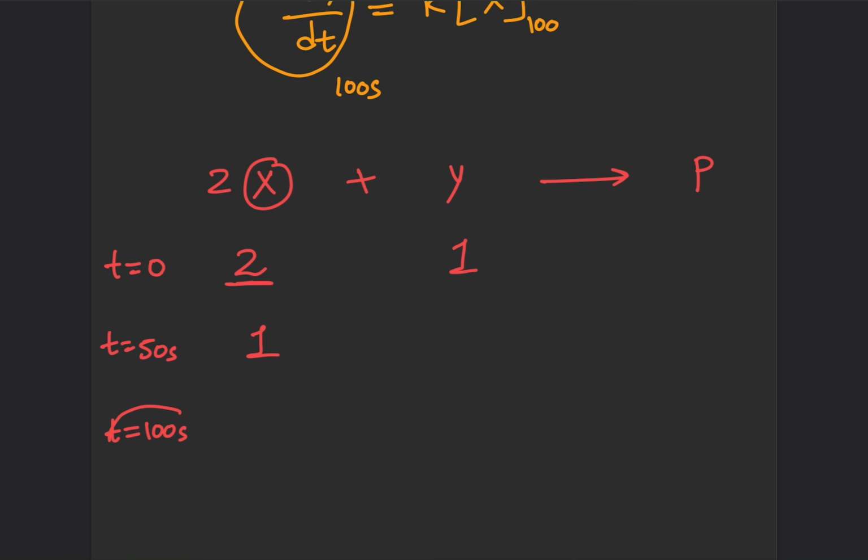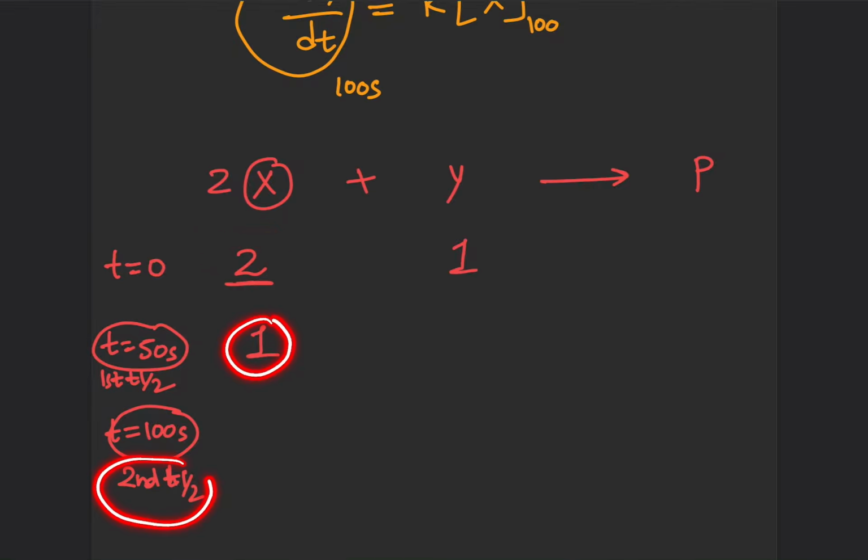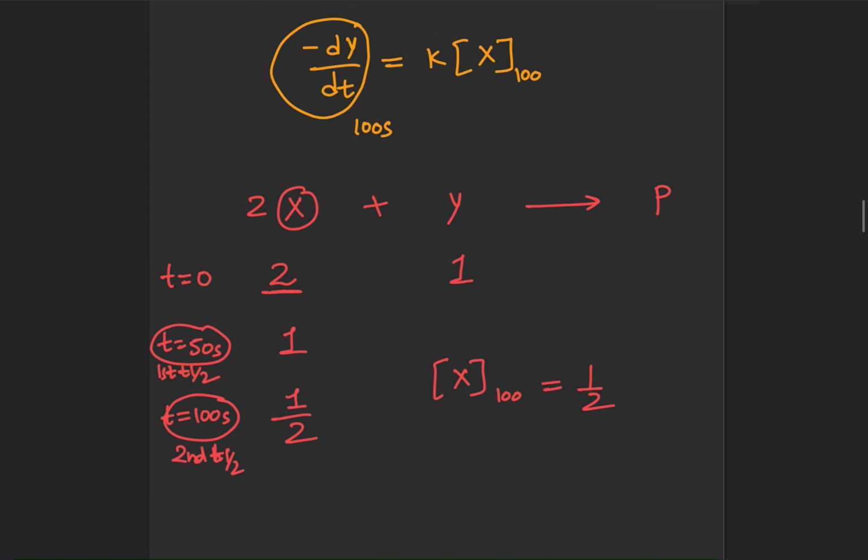At t equal to 100 second, which is the second half-life (t equal to 50 is the first half-life, t equal to 100 is the second half-life), 1 will become its half, that is 1 by 2. So the concentration of X at 100 second is 1 by 2.